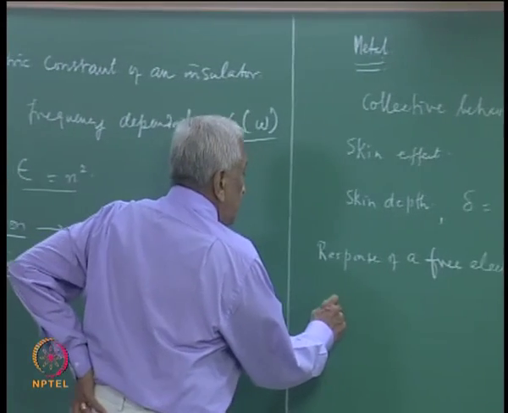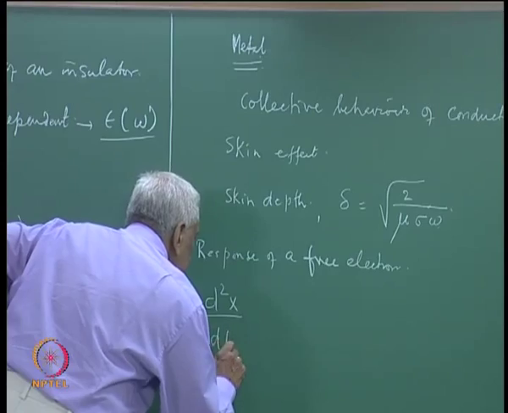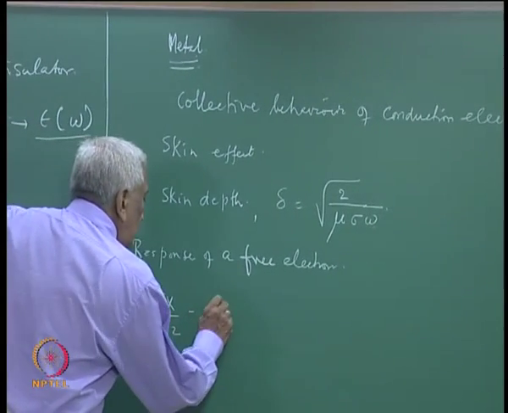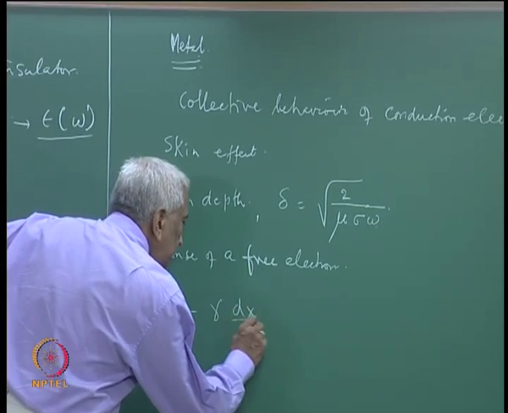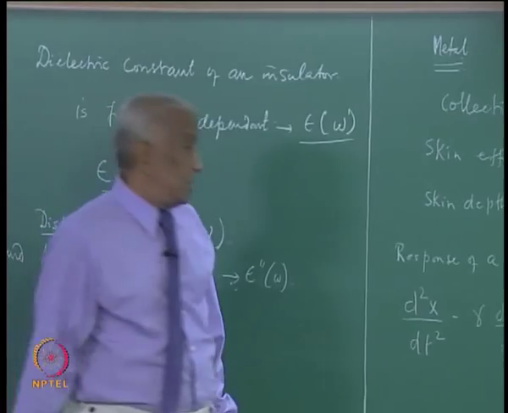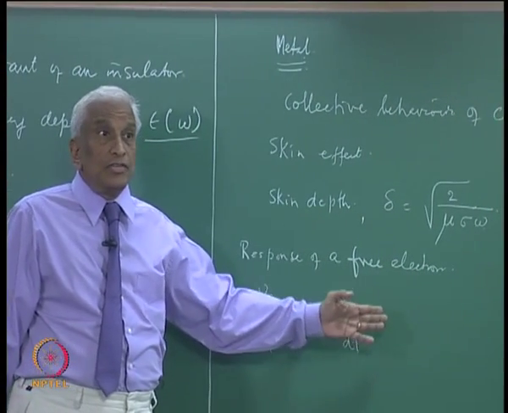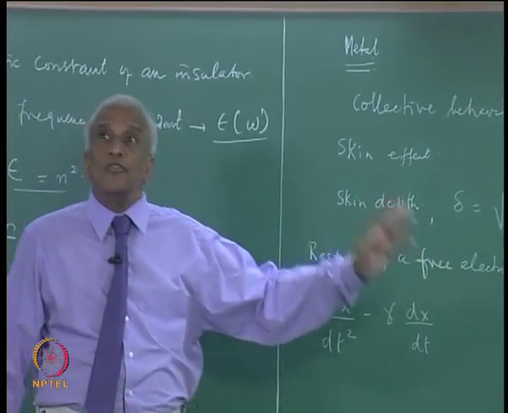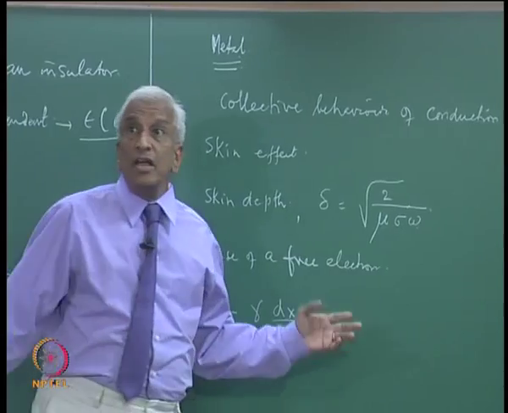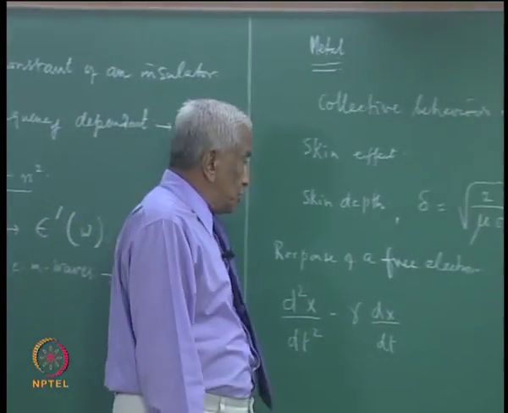We will see by writing the equation of motion as before: d square x by dt square plus gamma dx by dt, where this is the dissipative or resistive term. In the case of a bound electron, there was in addition a natural frequency of oscillation, which is in the form of a restoring force in the equation of motion.